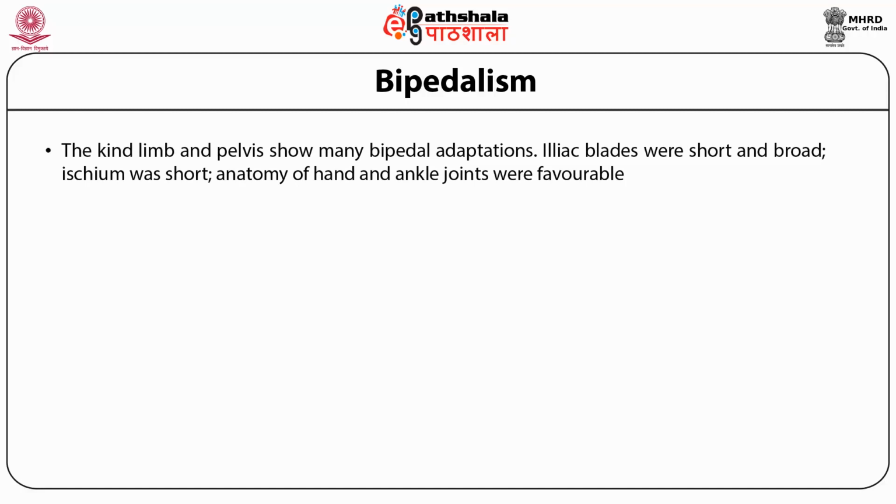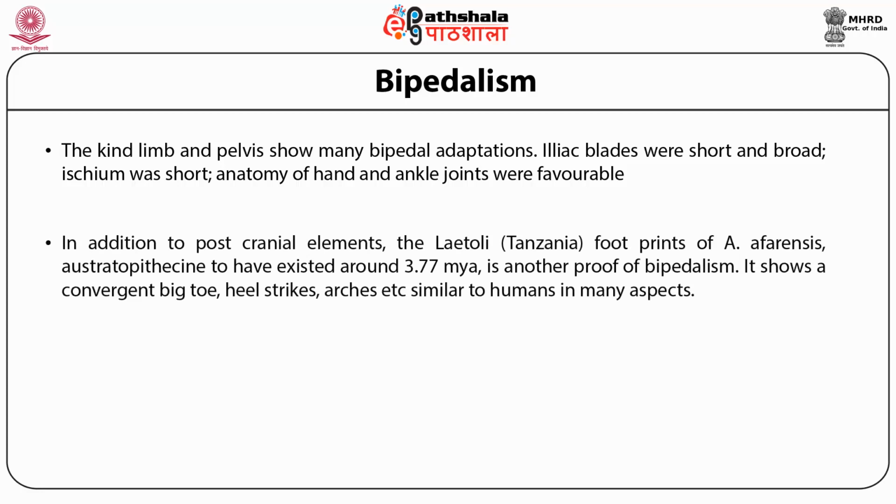In all such features, Australopithecus afarensis was more human-like than ape. In addition to the post-cranial elements, at the site called Laetoli in Tanzania, footprints of Australopithecus afarensis dated around 3.77 million years ago are another proof of bipedalism.